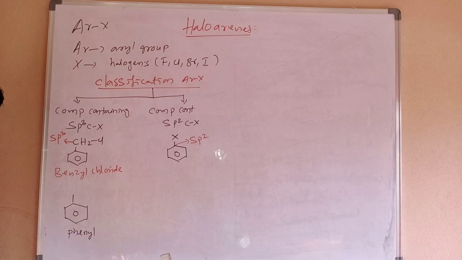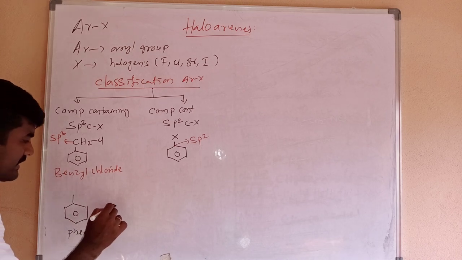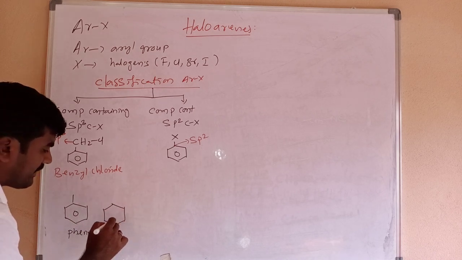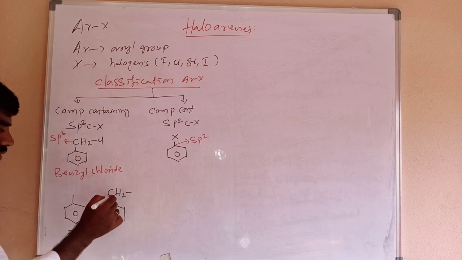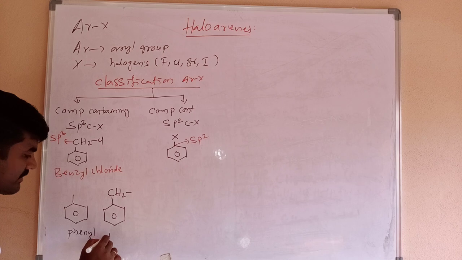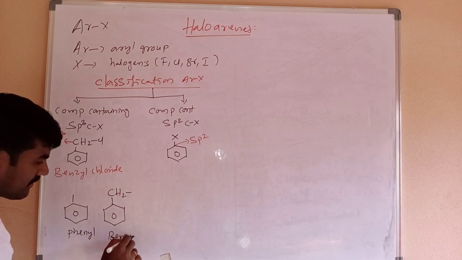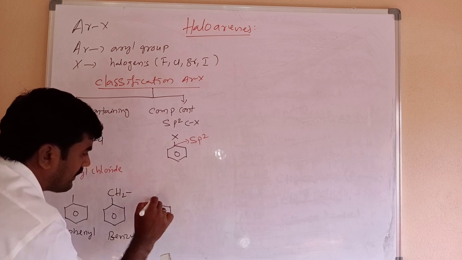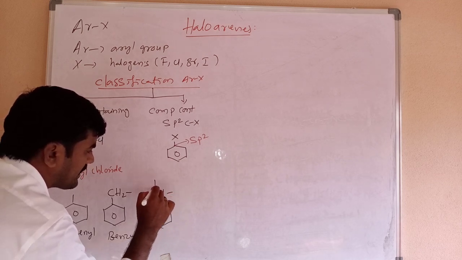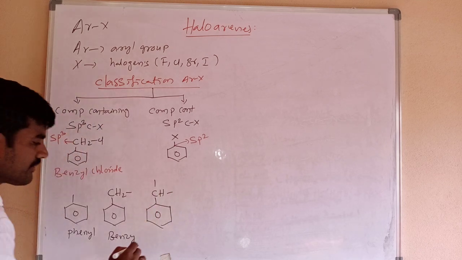What is it? Phenyl group. When valency is open at a side chain like this, CH2 single bond, meaning valence open at the side chain carbon, this is benzyl. Here CH single bond, two valencies are open. This is benzal.